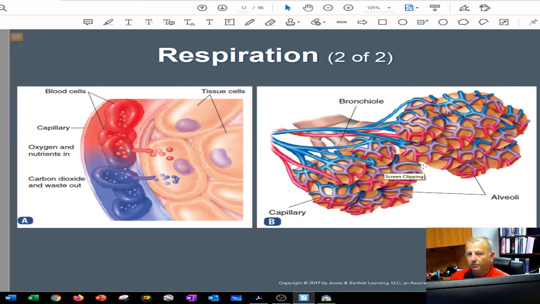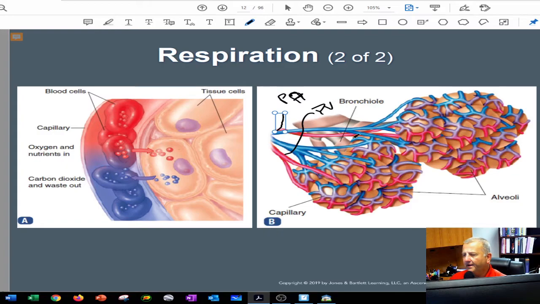All right, so when we're looking at the alveoli, I want you to take a look at your vessels here. So this is going to be the pulmonary artery. And this is going to be the pulmonary vein.